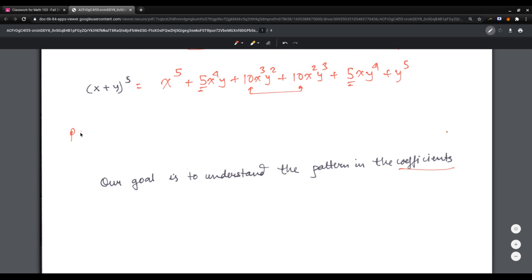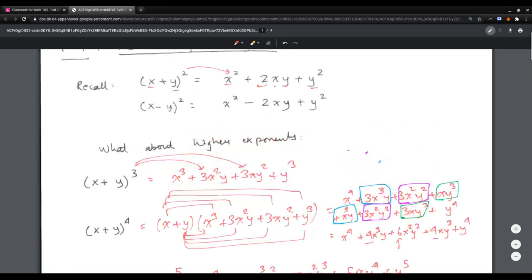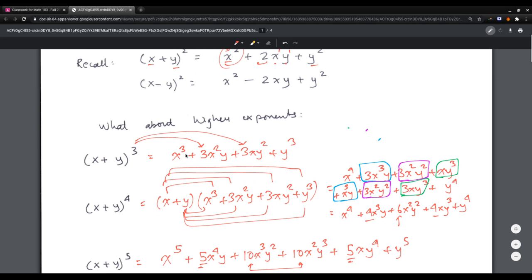So before that, there's also a pattern in the exponents, right? If you go right up to our whole squared, the highest exponent is 2, and 2, and 2 for x times y, because it's 1 plus 1. And that kind of remains the same.